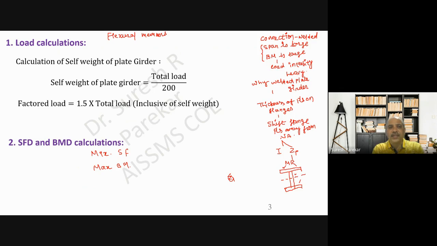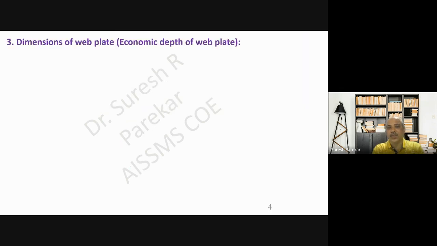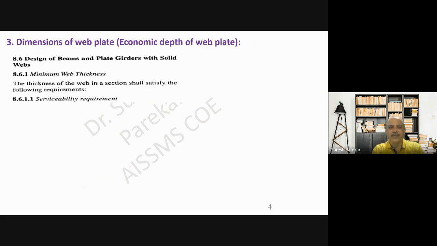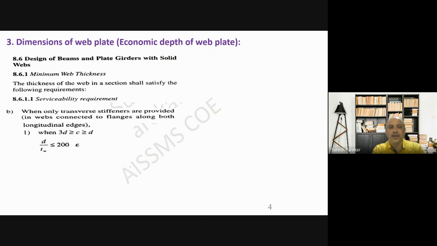Then after this, we go for the dimension of the web plate, because there we are going to find out the value of ZP. So here we go directly to the dimension of the web plate, and we have one formula. Different books give different formulas; here we are going to see one formula.